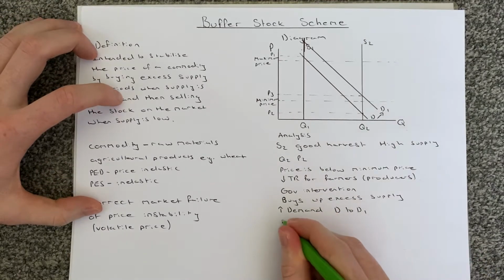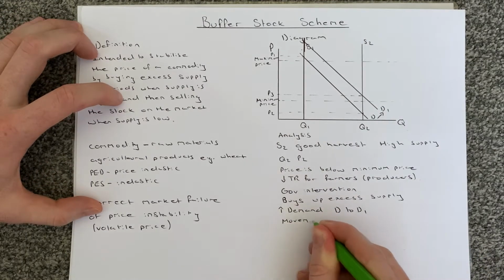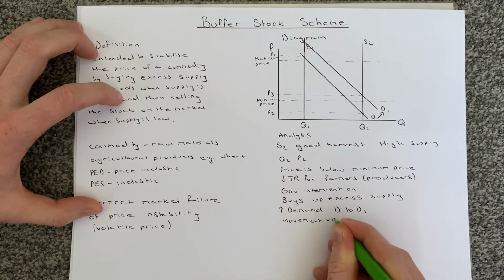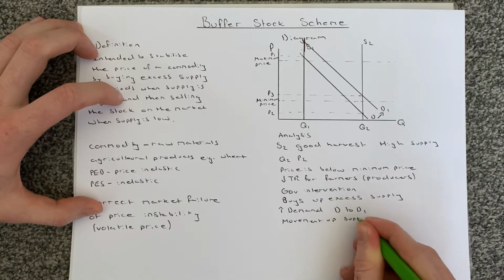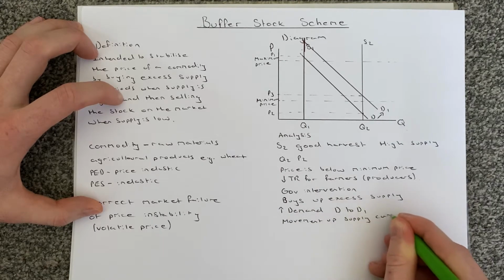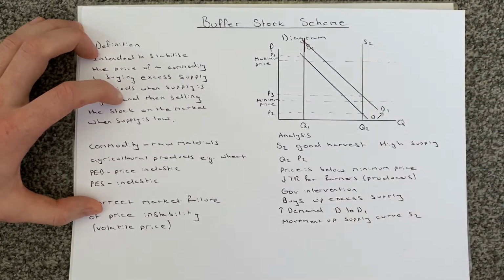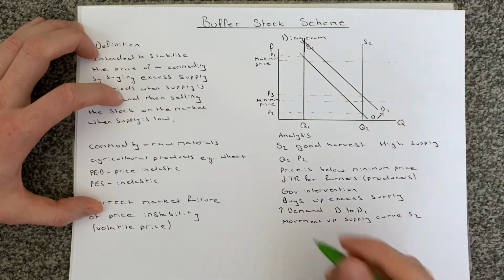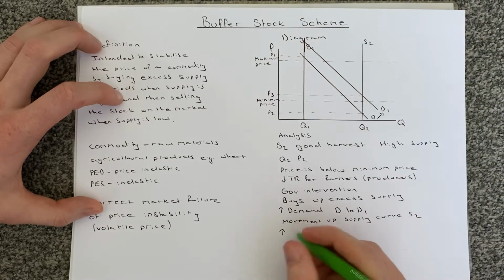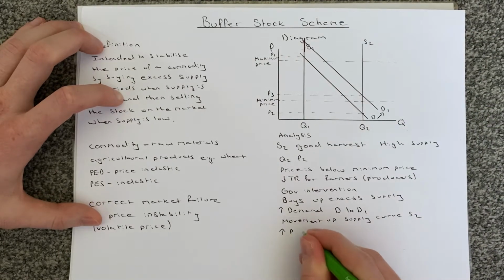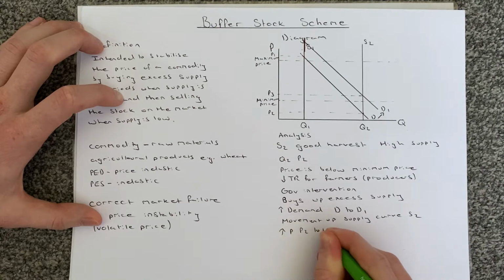So increased demand from D to D1 because the government's buying up this excess supply. We see a movement up the supply curve S2, as we see on our diagram, and what that means is we have an increase in price from P2 to P3.